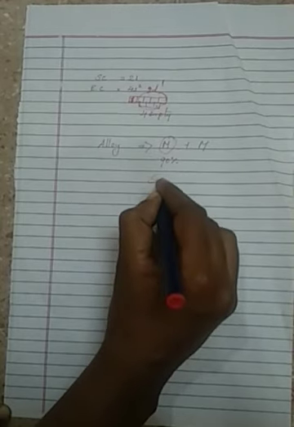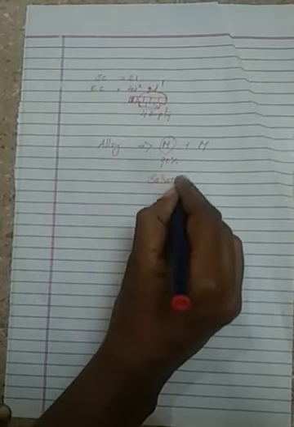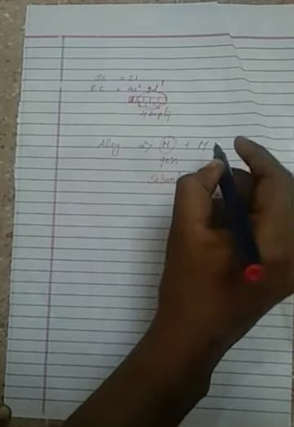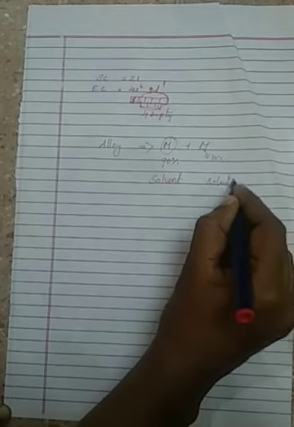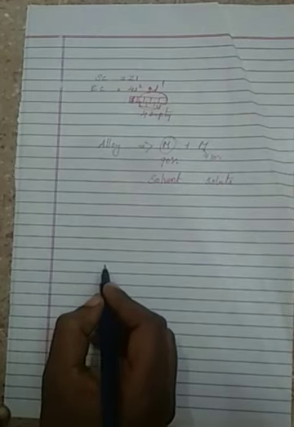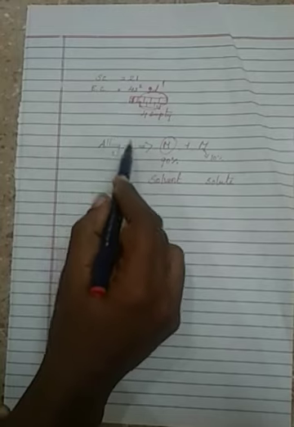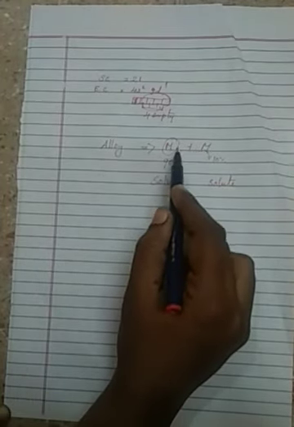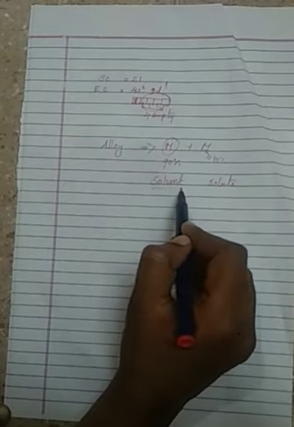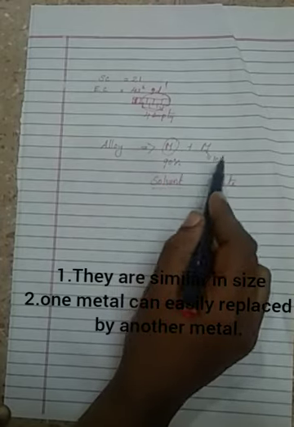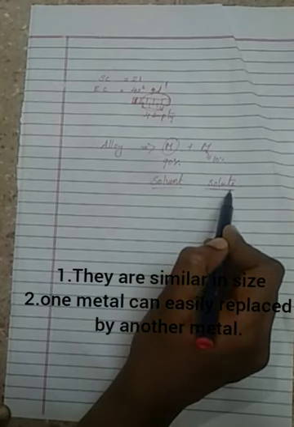That is termed the solute. So an alloy is a mixture of two or more metals. The metal present in more amount is known as the solvent, and the one present in less amount is known as the solute.